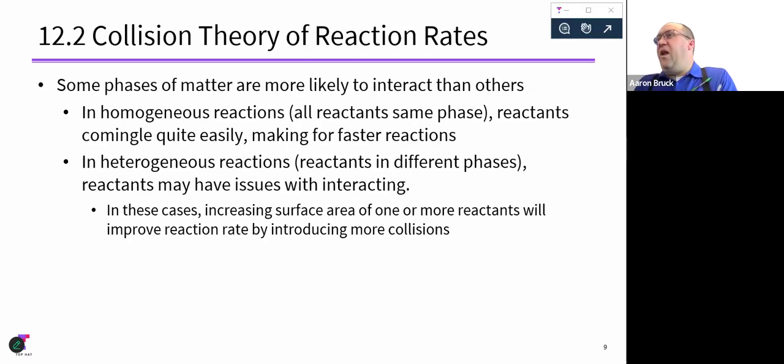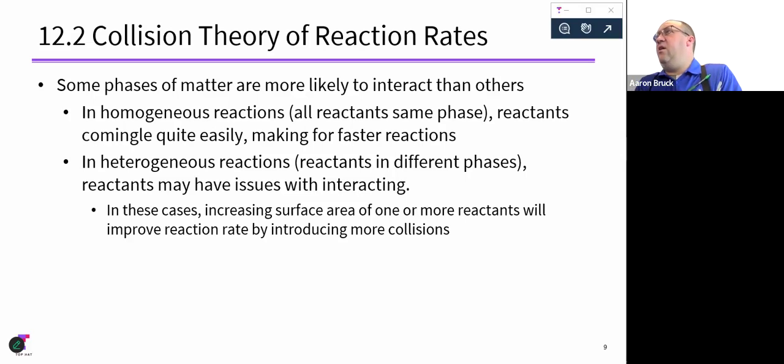And so we're going to have a lot more difficulty getting effective collisions because there's only a certain limited area where they can actually interact. And we see this especially with solid phase. Solid phase reactions tend to have a lot of difficulty. And that's because it's entirely related to surface area.